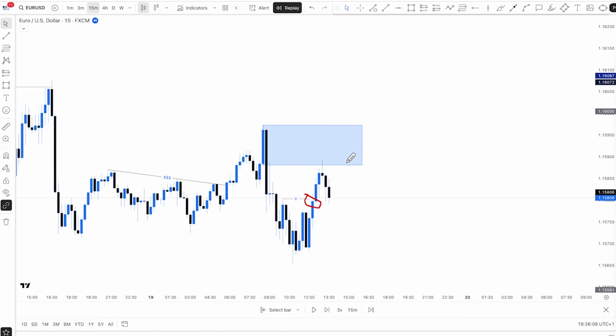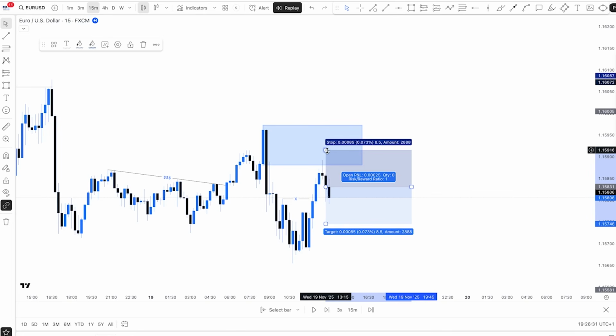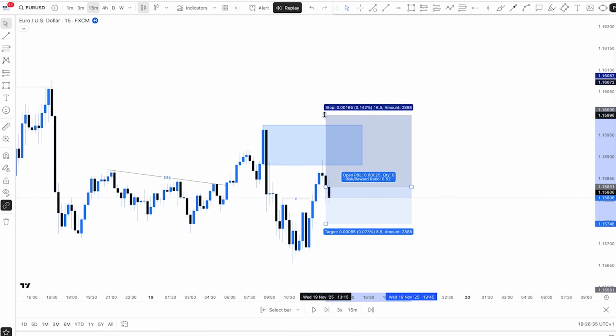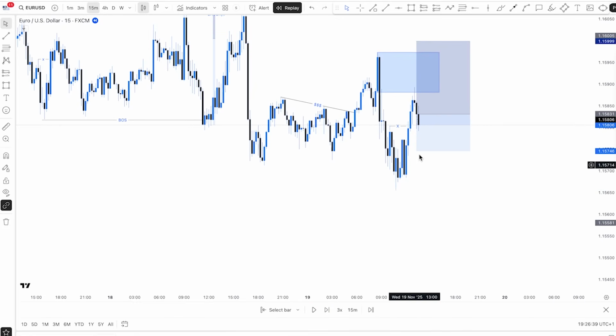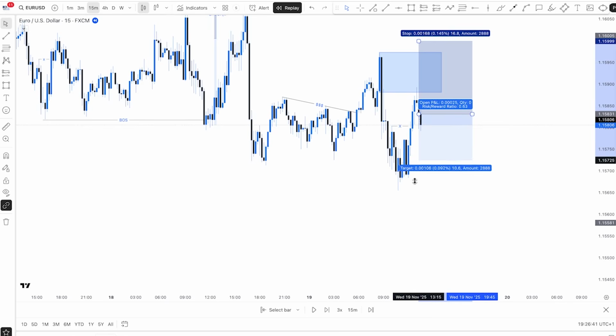So price pushed up into our POI and gave us a bearish signal and a confirmation. So based on this, we can consider our next selling entry from here, and then our stop loss is going to be above our POI. Okay, always set your stop loss at a logical level. All right, this is a downward trend, and then our minimum target would be 1:2.